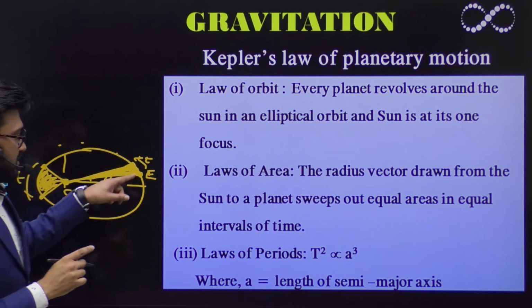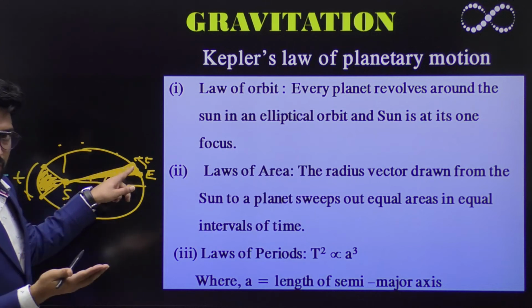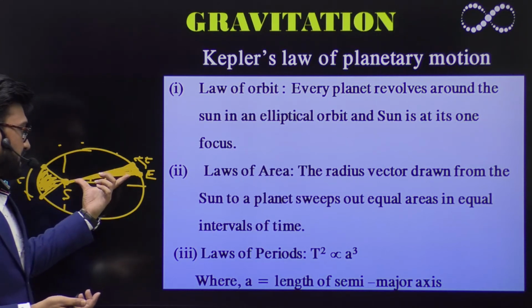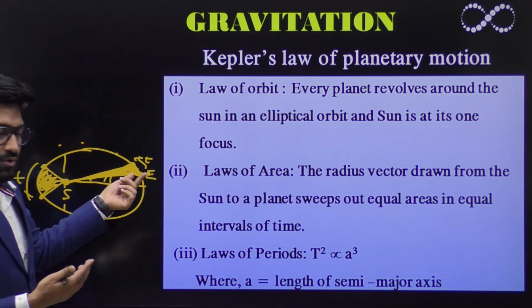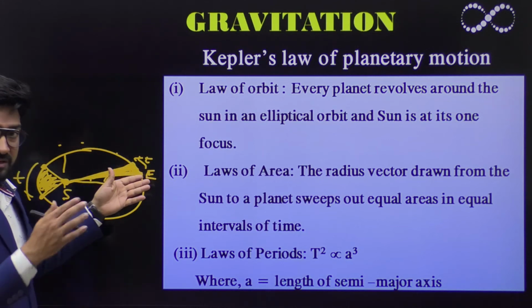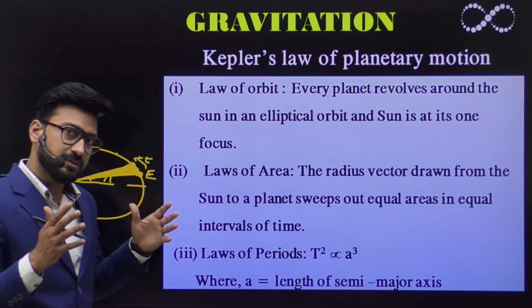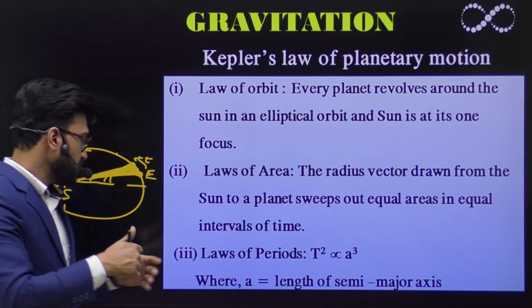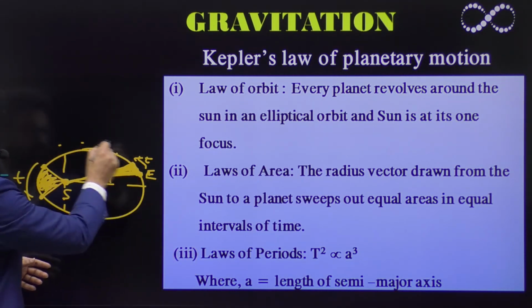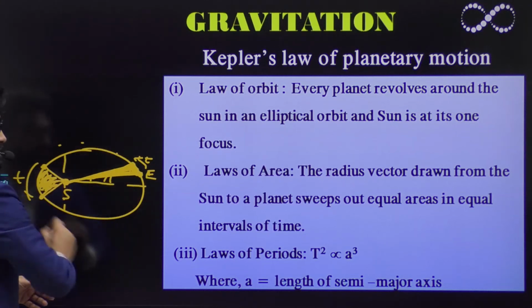That can only be possible when its speed here becomes slow. So if the radius becomes more, its speed becomes slow. If it is far away, its speed becomes slow, and when it is nearer to the sun, its speed increases. So the motion would be just like this.